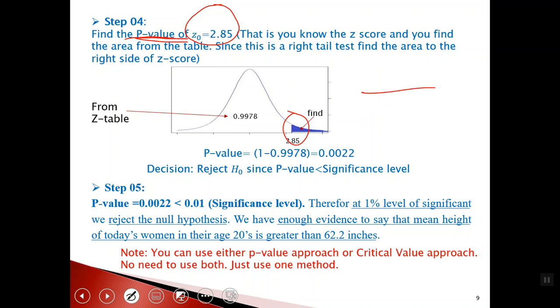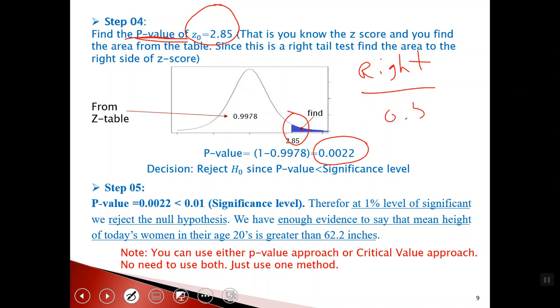This is a right tail test. Still a right tail test. It doesn't matter whether you use critical value or p-value, this test is right tail. So your p-value is 0.0022.